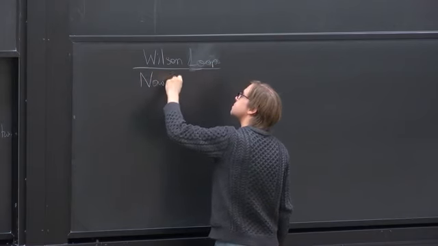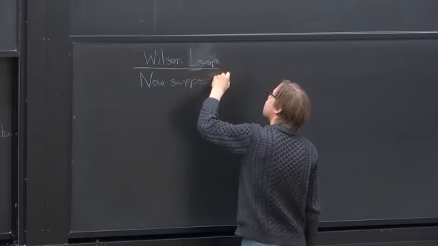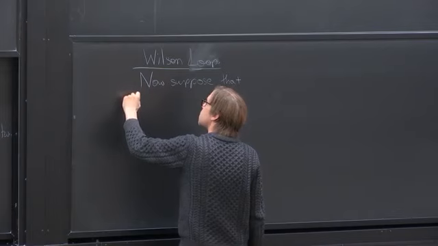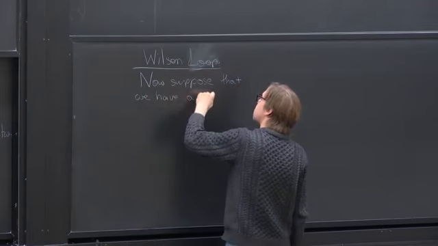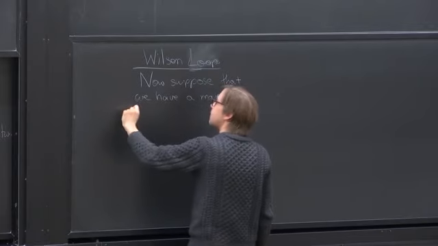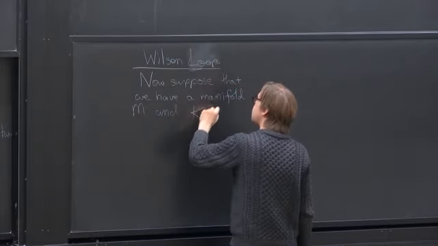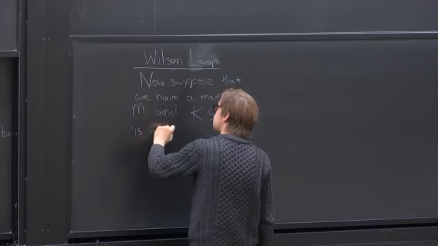Now suppose that we have a manifold M, a three-manifold, and K inside of M is a circle.